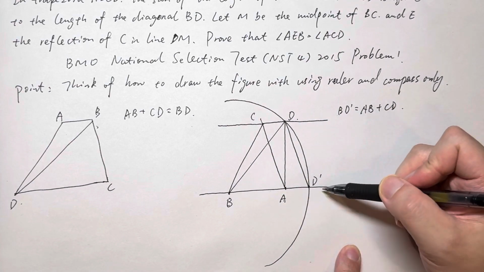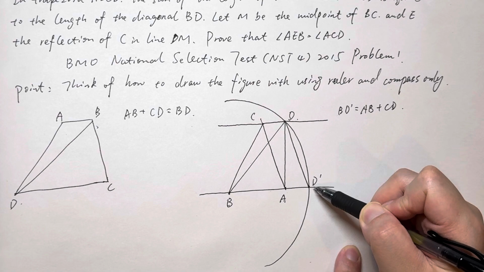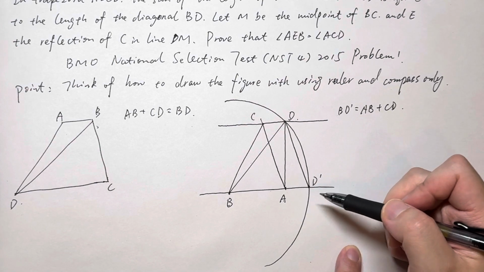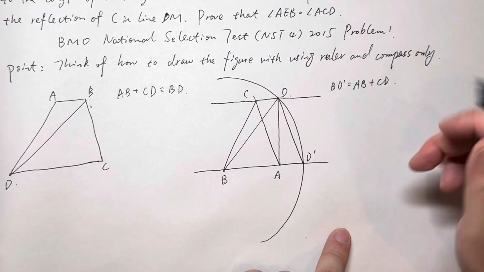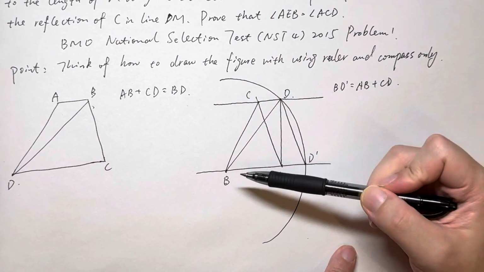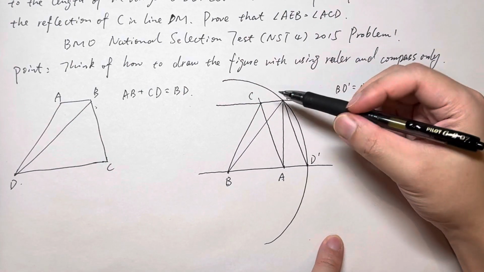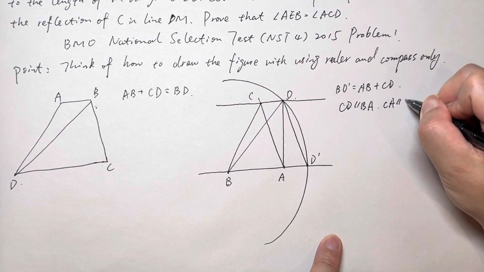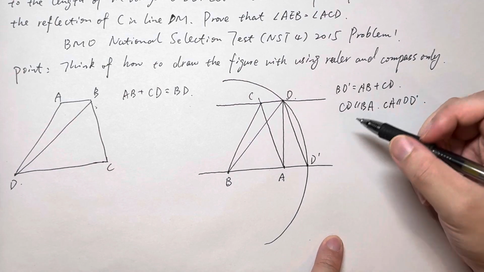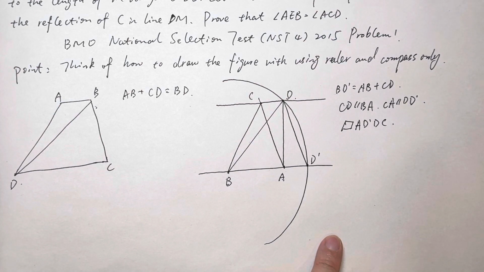And extend BA to meet this parallel line at the point D prime, and D prime is the point we're looking for. Okay, so now we have BD prime equals AB plus CD. And because CD is parallel with BA and CA is parallel with DD prime, that makes AD prime DC a parallelogram. And this is extremely important.